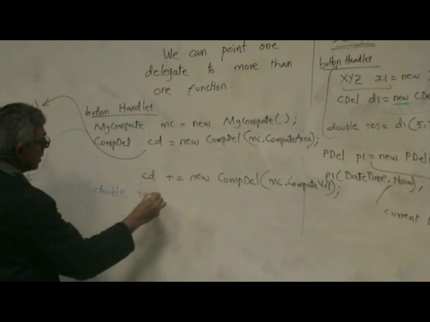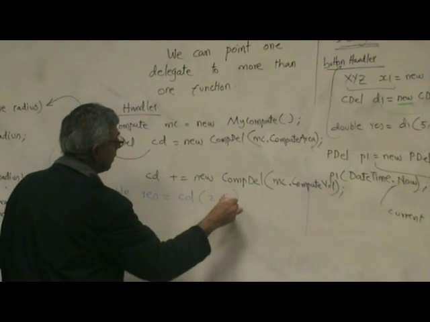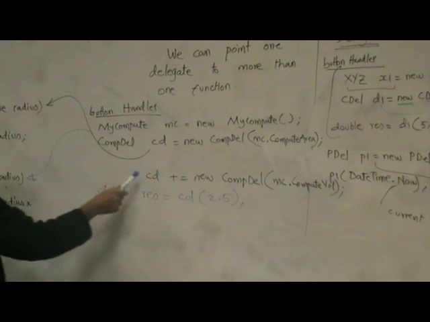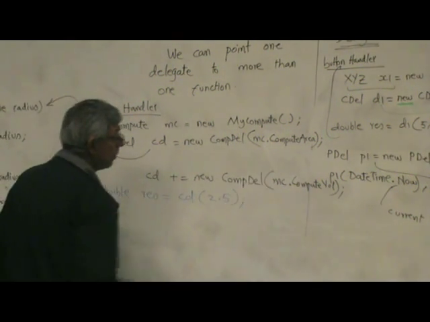Okay, so now what if I try to do this? double result equal to cd of 2.5. So can you guys guess how many functions will it call now? How many functions is cd pointing to? Two, right? Compute area and compute volume.